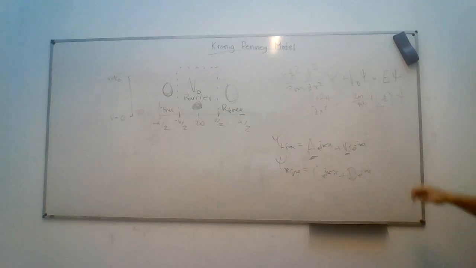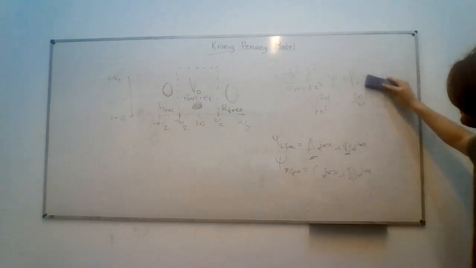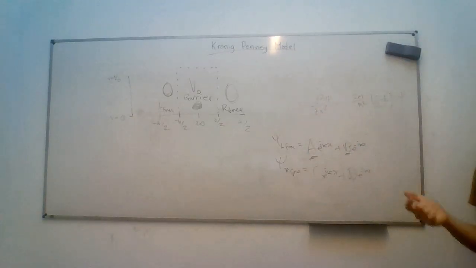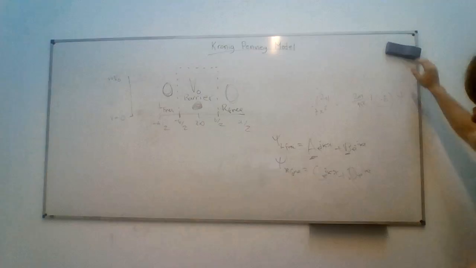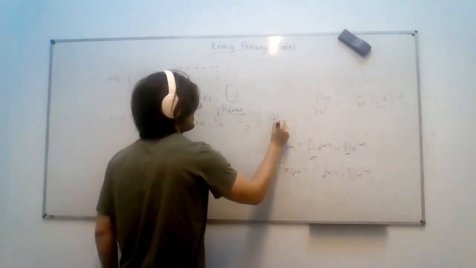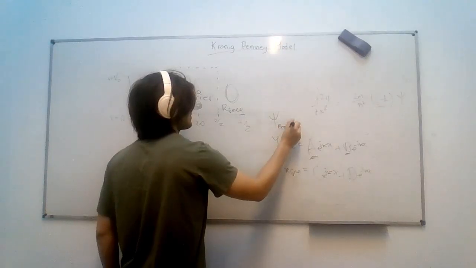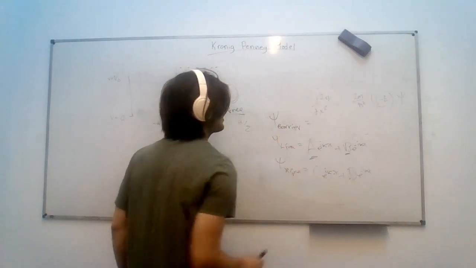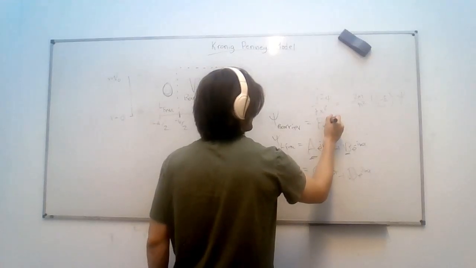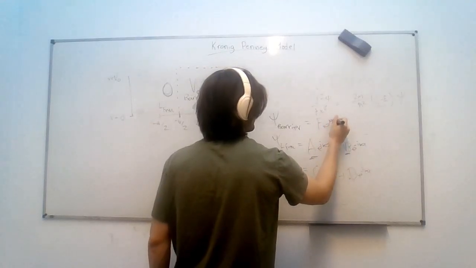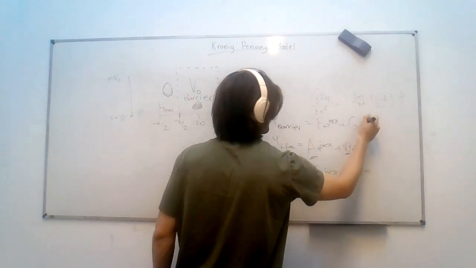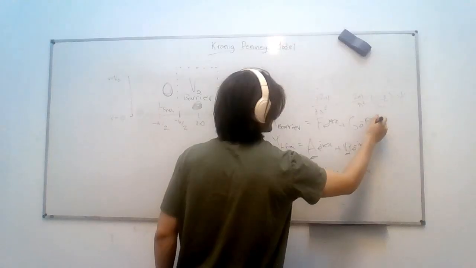And this has almost exactly the same solution form, except that now we don't have any negative square roots anywhere, so we get rid of i's. So the psi at the barrier is going to be equal to F e to the kappa x plus G e to the minus kappa x.